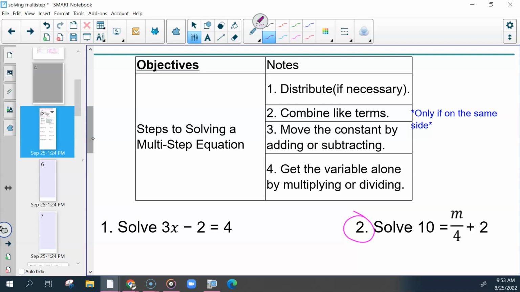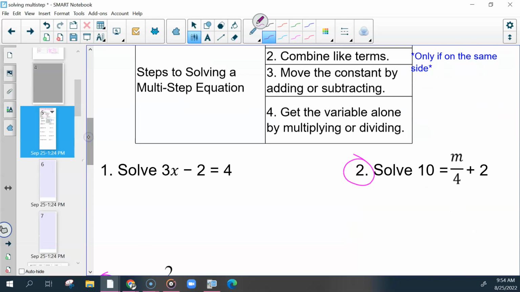If you have parentheses, distribute. If you don't, move on. If you have like terms, so something with the same variable or with the same exponent, combine them. If not, move on. Remember that your goal is to get the variable by itself. So you're moving constants to the other side or moving variables.